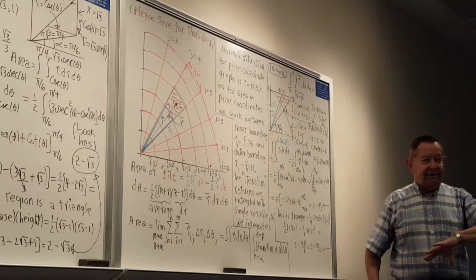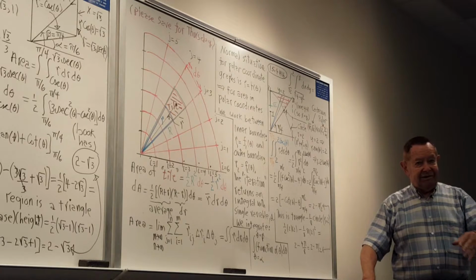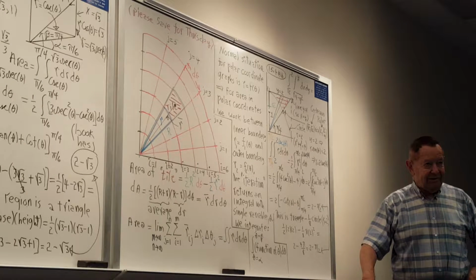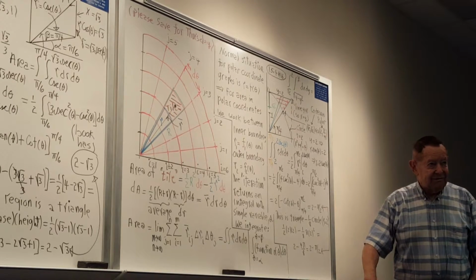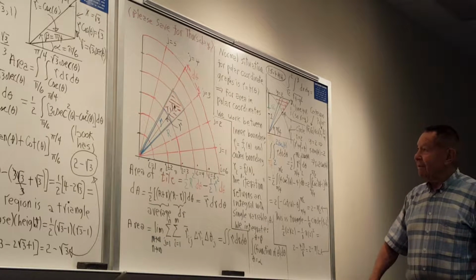Because if the angle is 2 pi, 1/2 r squared times 2 pi gives you pi r squared, and that's a circle. So that's based on the area of the circle being pi r squared.